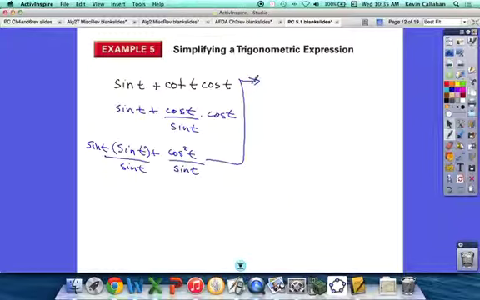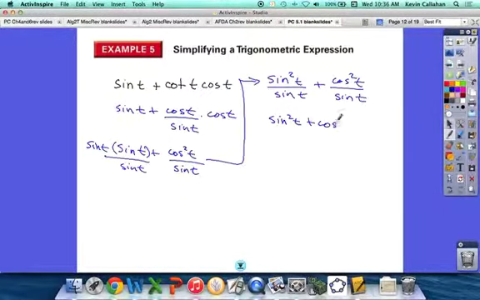So now this is sine squared t over sine t plus cosine squared t over sine t. Again, more arithmetic. How do you add fractions when they already have the same denominator? Just add the numerators. So that's sine squared t plus cosine squared t over sine t.